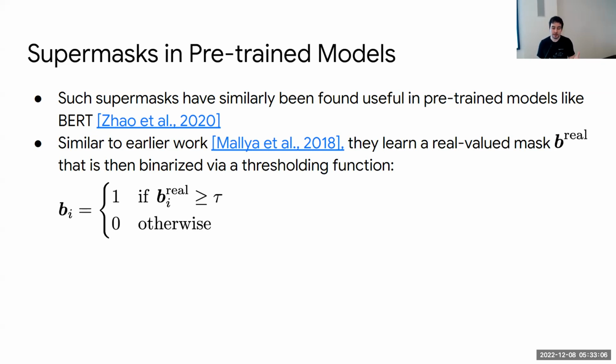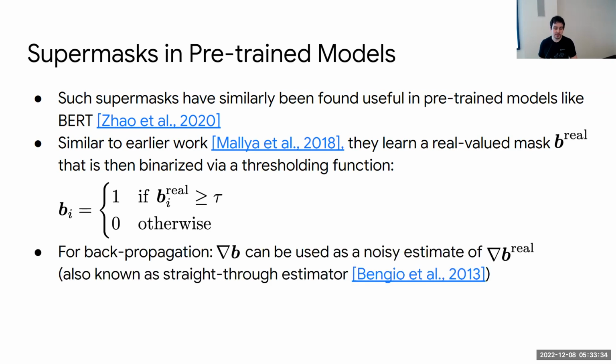The way they learned the mask is similar to prior work in computer vision, where they first learned a real valued mask and then defined a threshold function. Given this real valued mask and a thresholding parameter tau, it binarizes the mask. With this binarized mask in hand, we get the final mask that we can use to get our sparse subnetwork in the end.